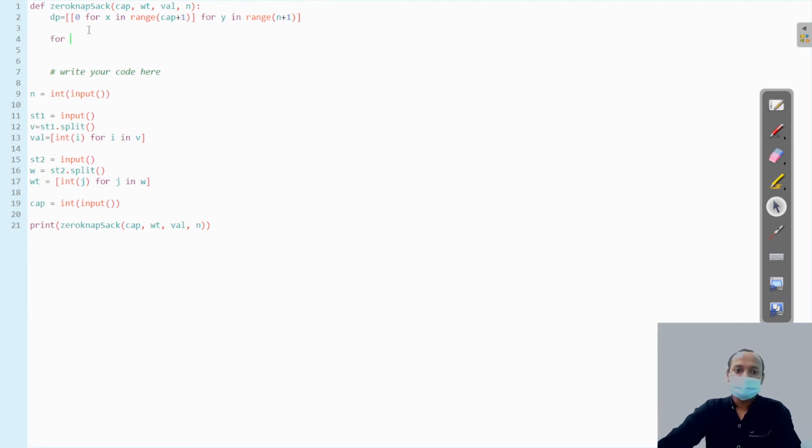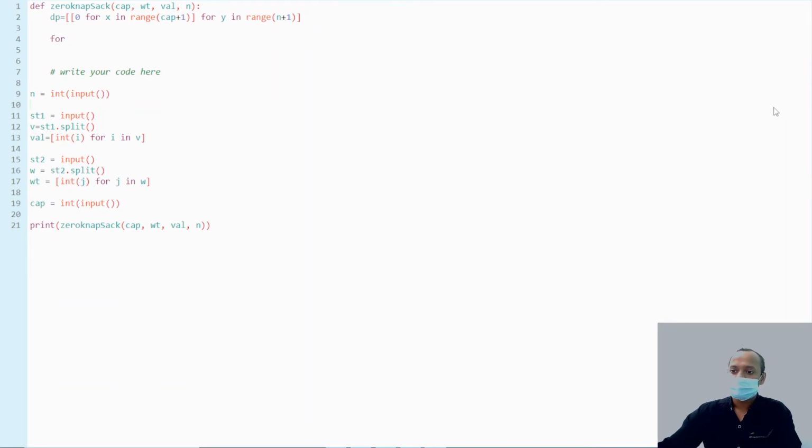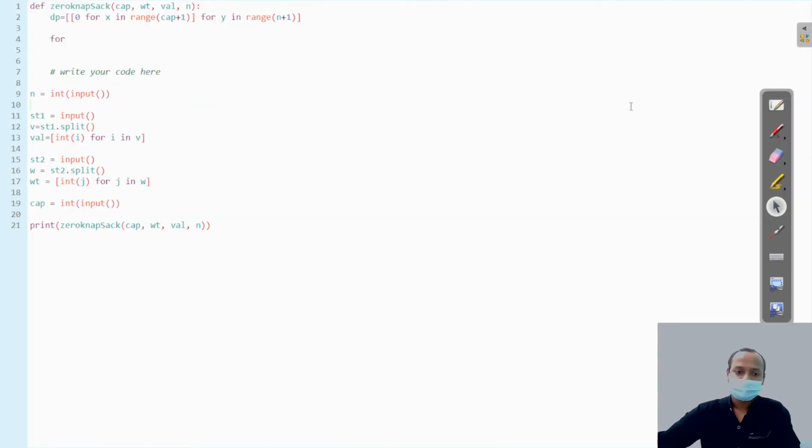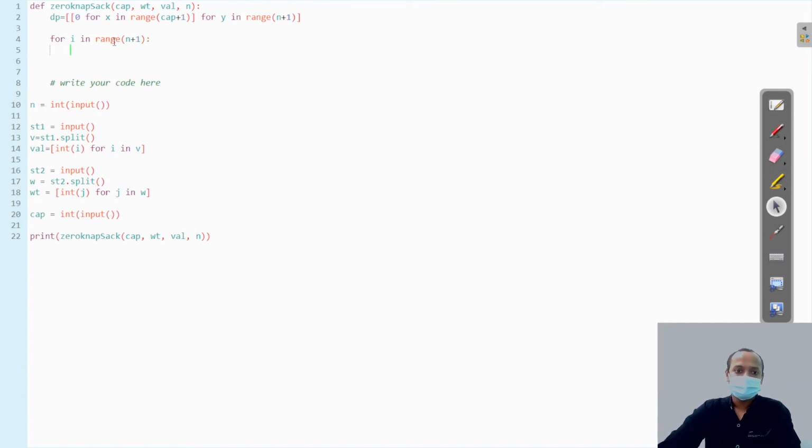So first we run on where? First we start from here, means we start from first row, then we travel in column. Okay, see, so for i, what is i? i is items. For i in range n plus 1, because this is our item.